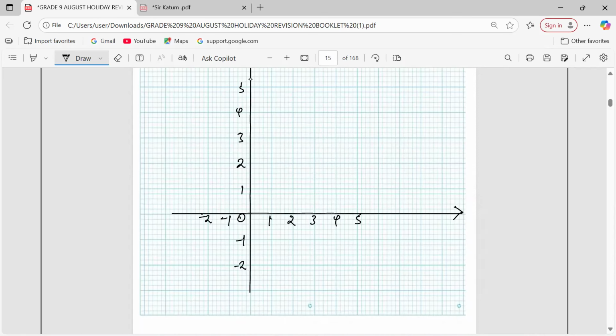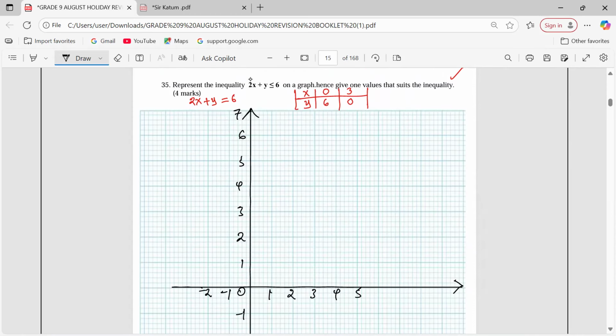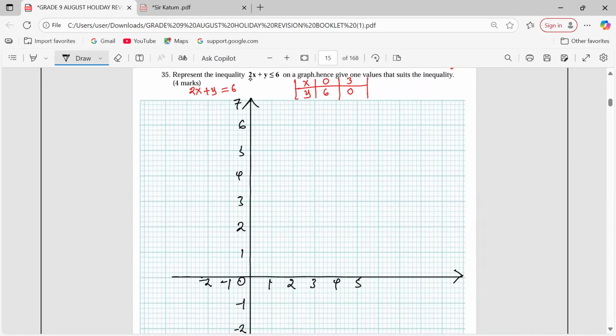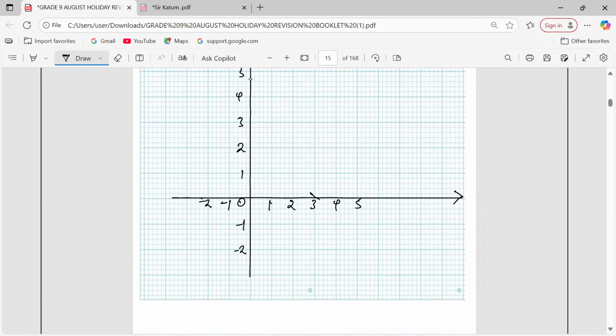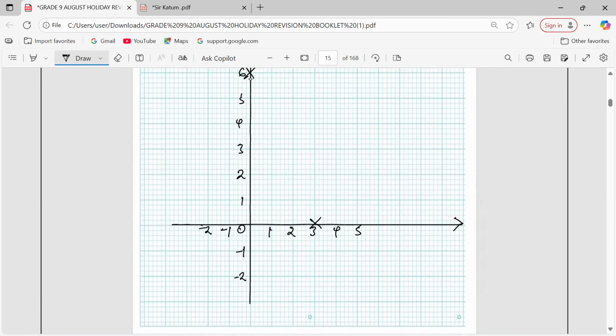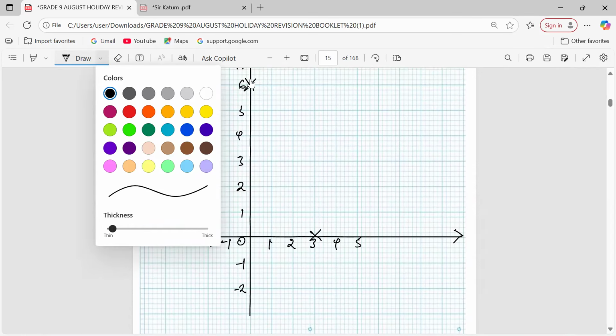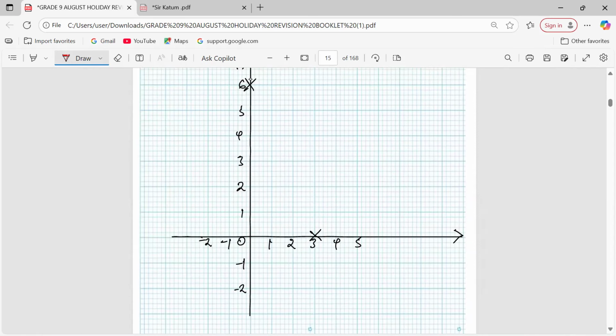Those are enough values. So we are passing through (0, 6), and we are also passing through (3, 0). Those are the points on the Cartesian plane.